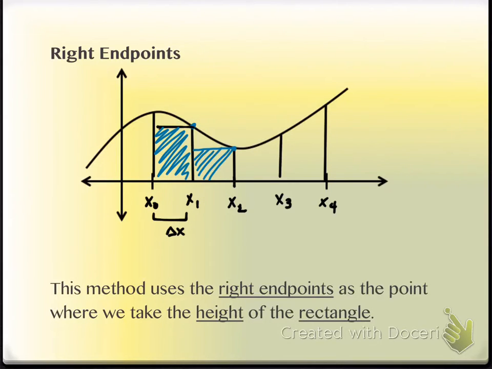And here's the area of this one. Between x2 and x3, x3 will determine my height. And here's the area of this one. Between x3 and x4, what will determine the height? x4. And this one ends up being a big overestimate now. It was a big underestimate before.